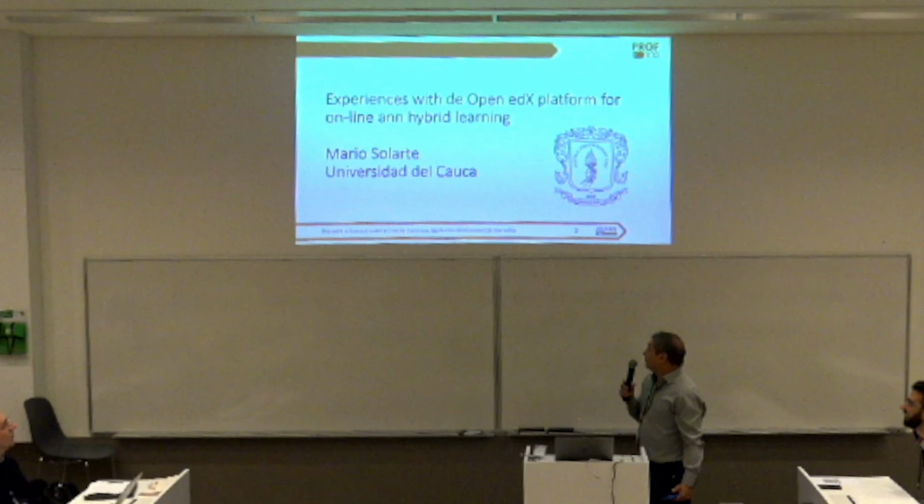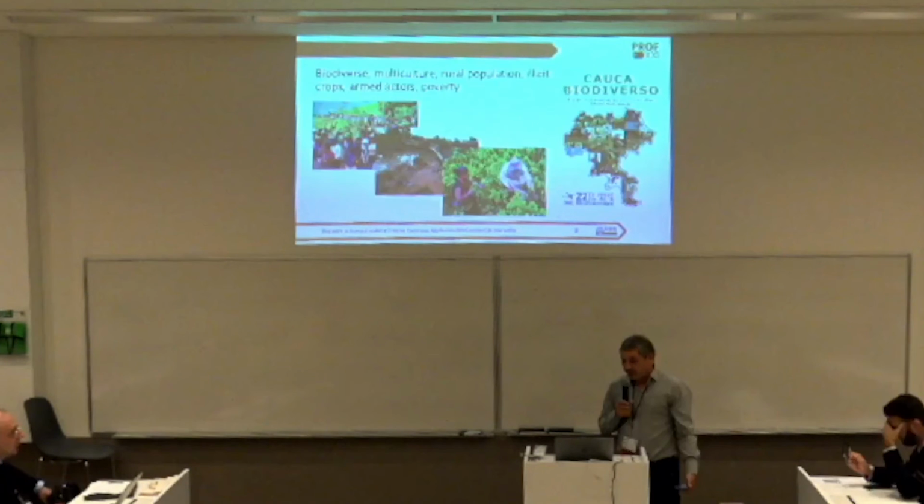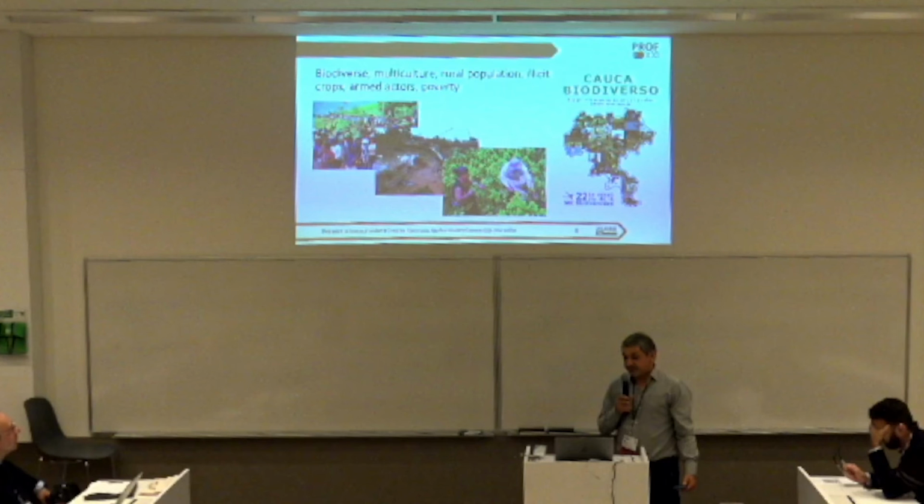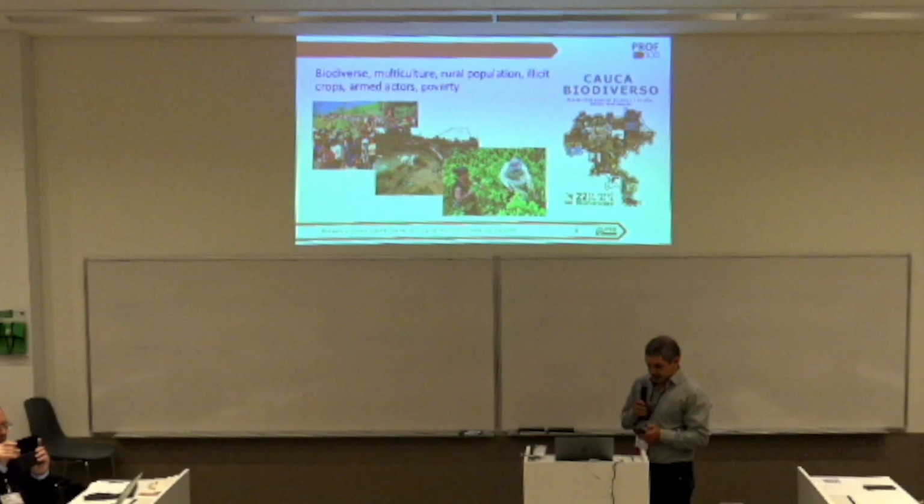Biodiverse, we have Pacific rainforest, Amazonic rainforest, several mountains, rivers, valleys, multicultural. We have a native population, Afro-Colombian population, rural population, illicit crops, armed actors, poverty, and great inequality.